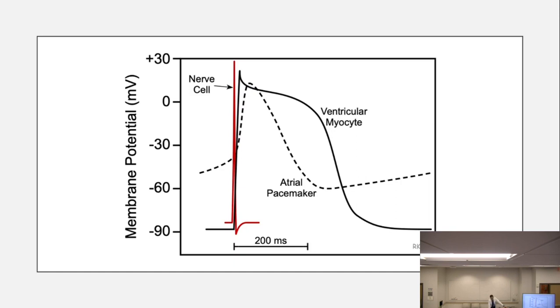Any cell of the cardiac conduction system, SA node, AV node, bundle of His, bundle branches, all these cells are capable of generating pacemaker potentials at different frequencies. But typically the SA node is the one that rules because it's the fastest one.